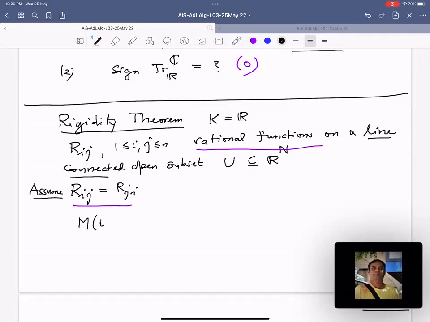M at t is R_ij(t), where t is an element in U. So for each element t in U, we have a matrix, and this matrix has entries that are rational functions.